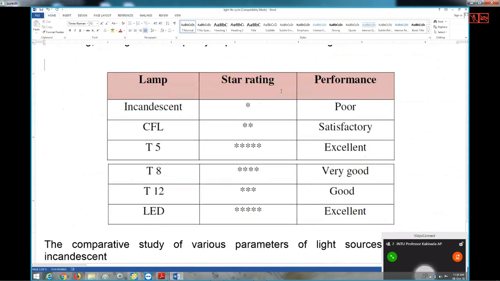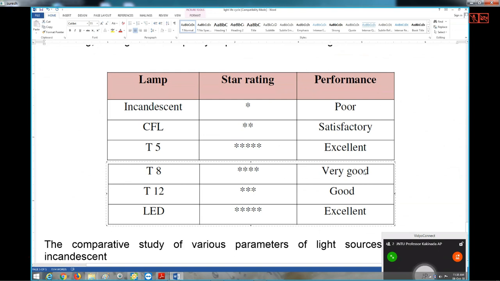Incandescent lamp has a 1 star rating, which is poor performance. CFL lamps, compact fluorescent lamps, have a 2 star rating. Performance is somewhat satisfactory. T5 lamps have a star rating of 5. Performance is excellent. T8 lamps, star rating is 4.